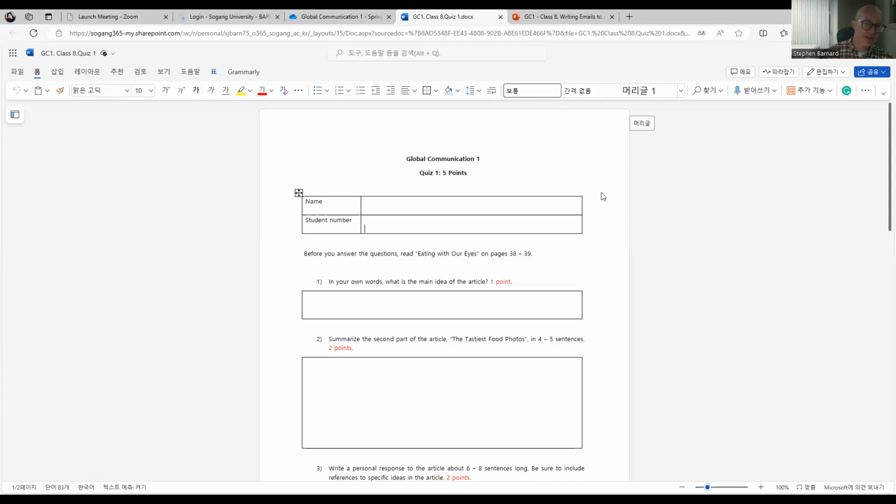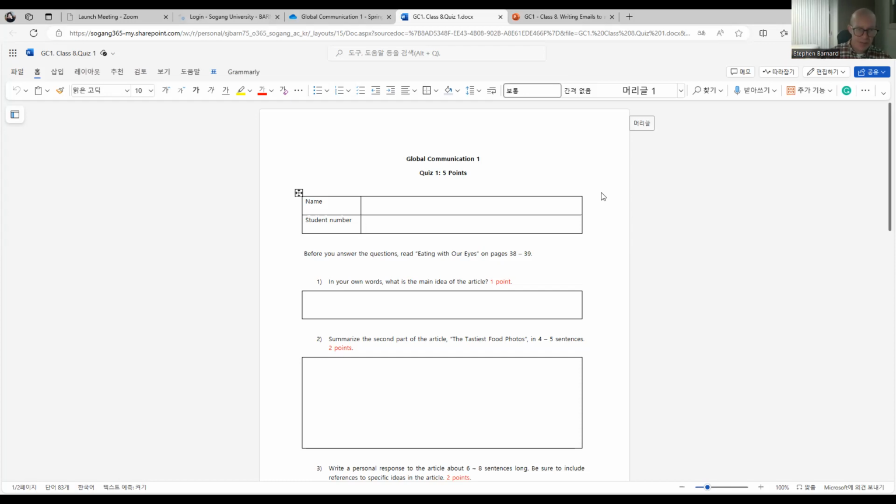If you don't want to complete the Microsoft Word file, you don't actually need to use this file. You could just upload the answers in the text box on Cyber Campus assignments. That would be fine. You can upload the MS Word file if you've completed it, but you don't have to. If you just put the answers into the comment box on Cyber Campus assignments, that's also fine.